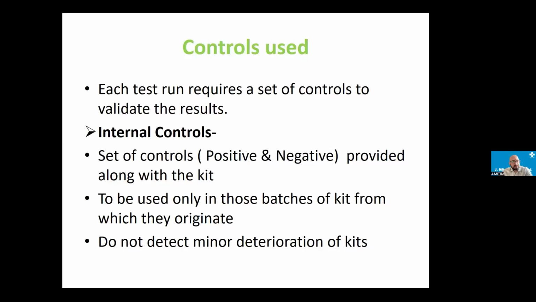Actually, we are getting many false positive cases in terms of hepatitis B. If we look at the cutoff value, a signal to cutoff ratio of more than one is called a positive result.